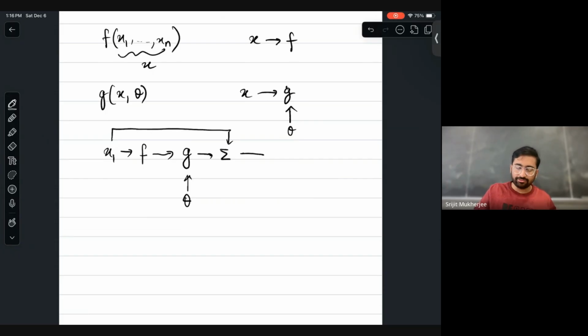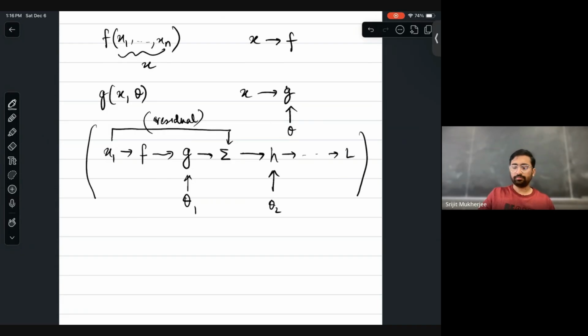So it makes a graph. Let's say there's an H, but here there is a theta 2, like this. Lots of layers. This is called something like residual stuff, which, if you do computation, you will understand why it's useful. But there can be a graph like this. The goal is to find the final loss function and backpropagate, stop and save, and keep on doing that.